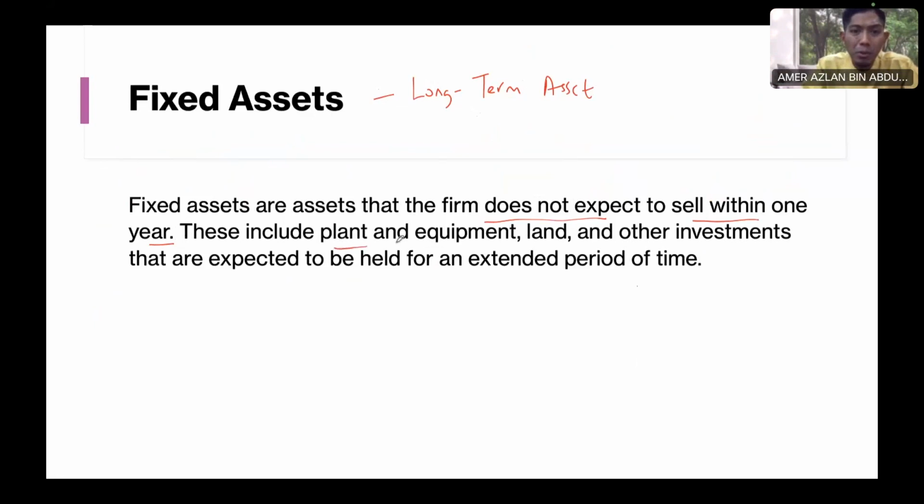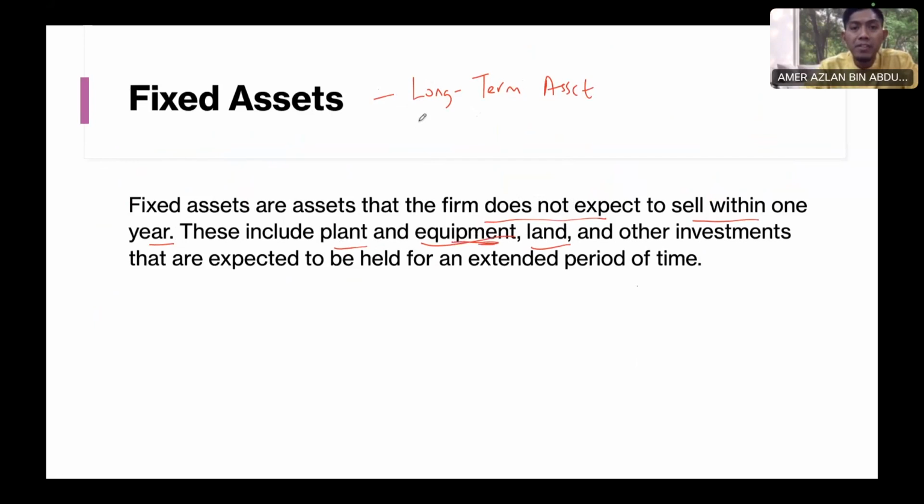This also includes plants and equipment, or land. There's no specific reason for the company to sell their land, because the company needs the land for developing the business, right? So that is considered a fixed asset. Same goes with equipment. Equipment is not to be converted into cash because equipment needs to be used for the company's production activities. That is a fixed asset.